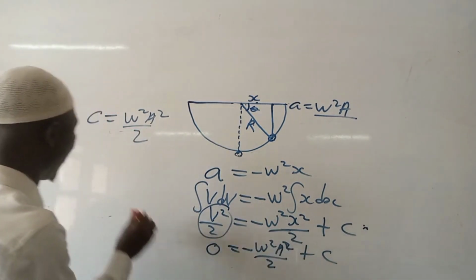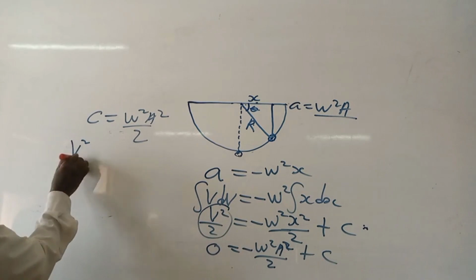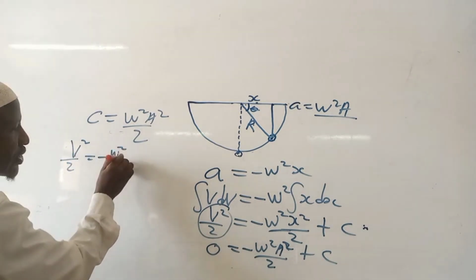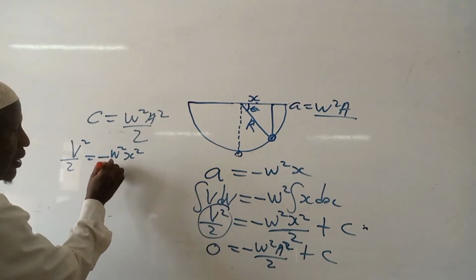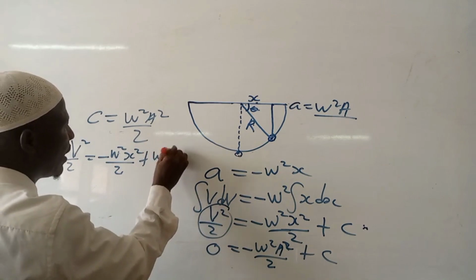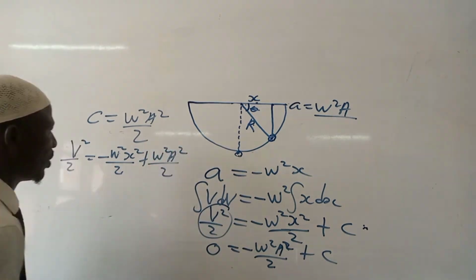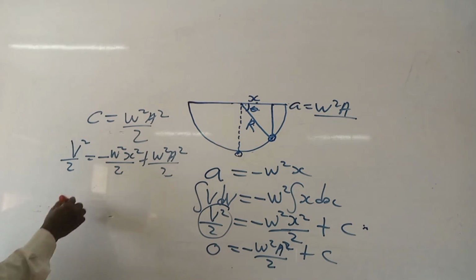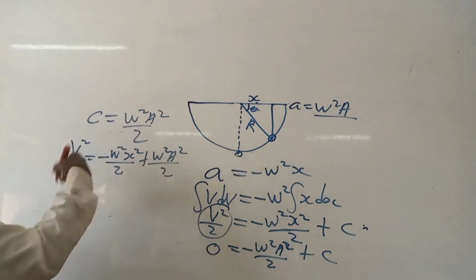Then we have this. Therefore, we have v square over 2 is equal to minus omega square s square over 2 plus omega square a square over 2. Let's rearrange. Let's divide through by 2 first and rearrange it.